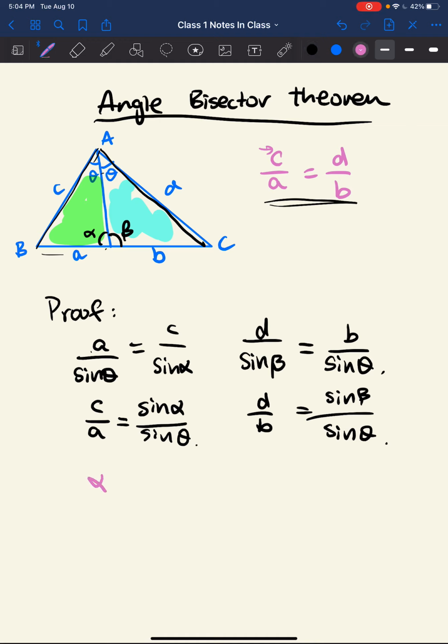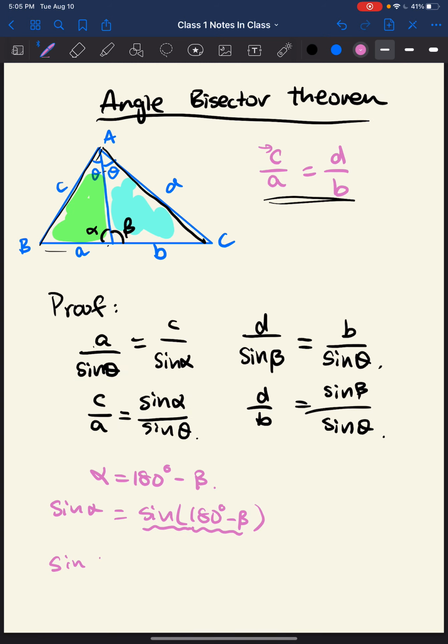And since alpha equals 180 minus beta, sine alpha should also equal sine of 180 minus beta. I just add a sine to both sides of this equation. If you know a little bit about trigonometry, you might know that the sine of an angle equals the sine of 180 minus that angle.